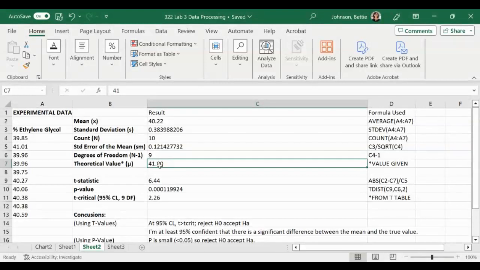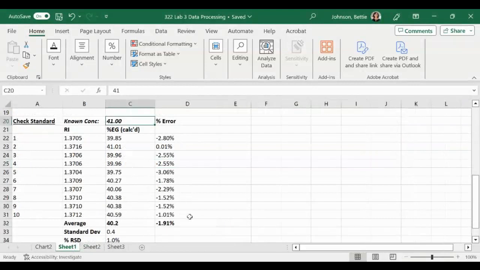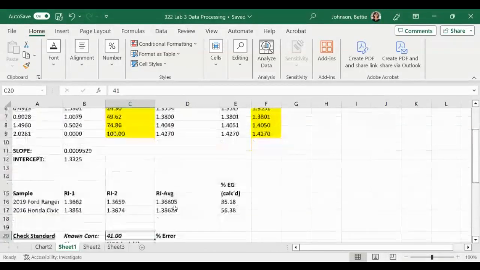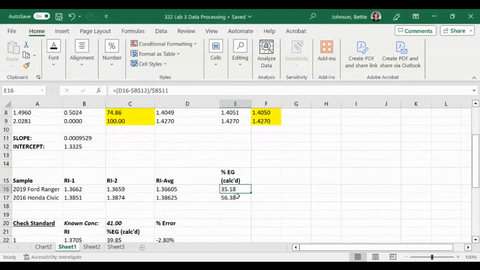So now that we've done our t-test and we've calculated the concentration of ethylene glycol in the engine coolant samples, and that's right here. So one was 35.18% ethylene glycol, the other was 56.38. So somewhat of a significant difference between these two samples that were taken from our vehicles.